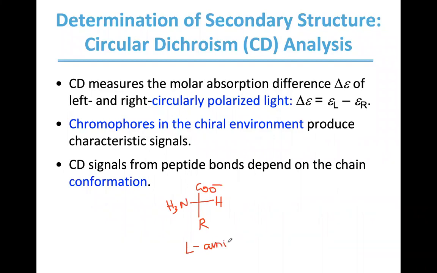And so L amino acids, since they are present in one enantiomeric form only, will interact differently with the left polarized light or the right polarized light, circular polarized light, right? And so they will absorb these two sources of light to a different extent. And the difference in their absorption is based on the chiral nature of the protein, but also depends on the secondary structure.